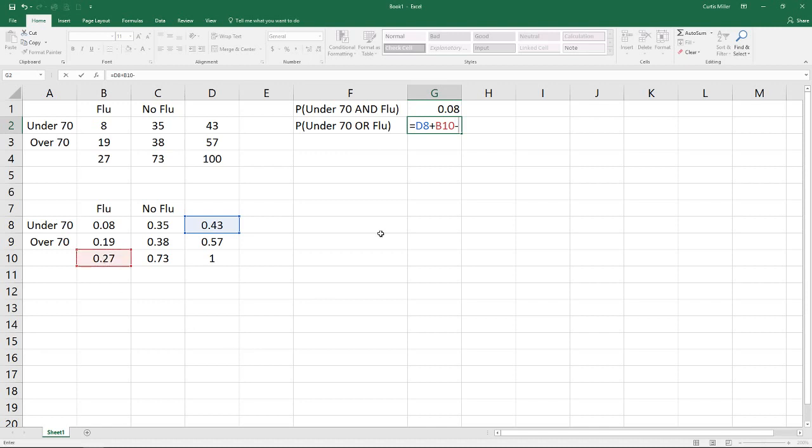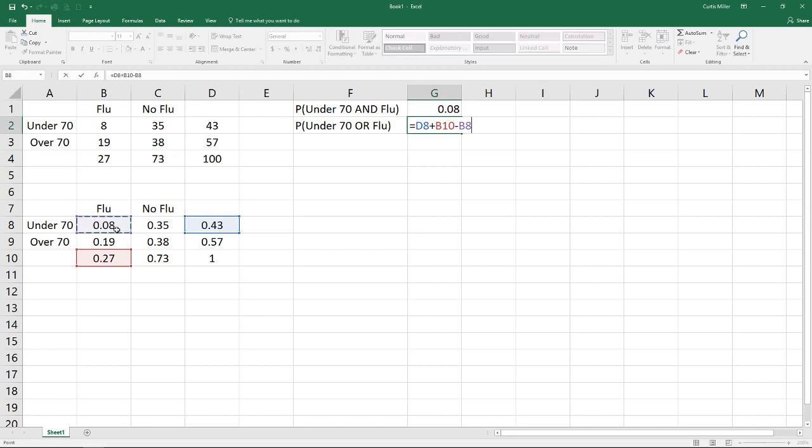The last thing we need to do is subtract out this intersection one time, of people who are under 70 and had the flu. The reason we do that is that this 0.08 is included in this value of 0.27, because this is just the sum of these other two values. It's also included in this value of 0.43, because it's a sum of 0.35 and 0.08.